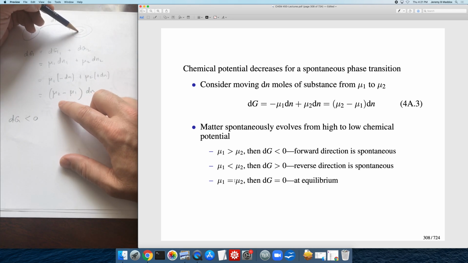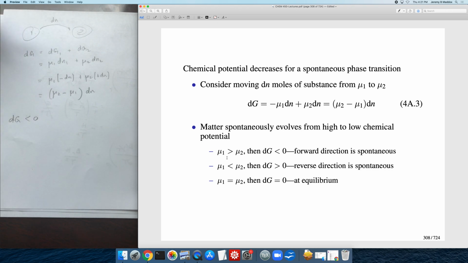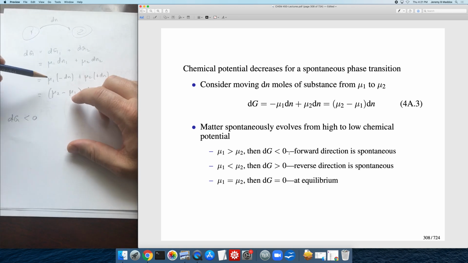So if the chemical potential of phase 1 is larger than the chemical potential of phase 2, then dG is going to be less than 0, and that's going to indicate that this forward direction is spontaneous. Well, it could be that that's not true. So what would happen if the chemical potential of phase 2 was larger than the chemical potential of phase 1?